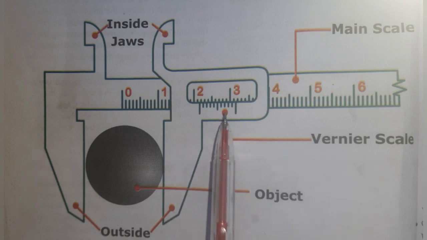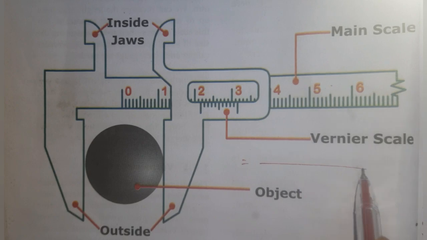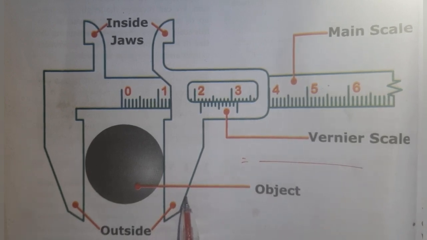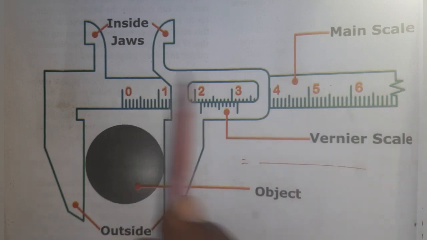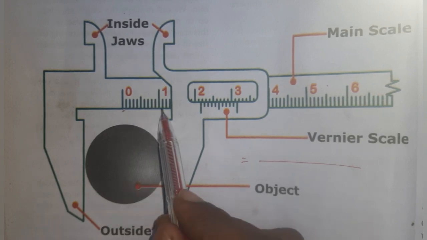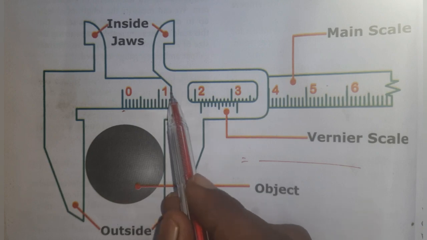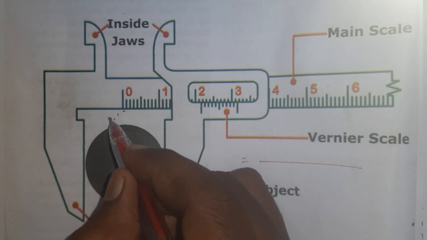Now the least count of a vernier caliper is the ratio of the value of one smallest main scale division. This is the main scale. In the smallest one division here, 10 divisions is 1 centimeter, so 1 division is 0.1 centimeter.